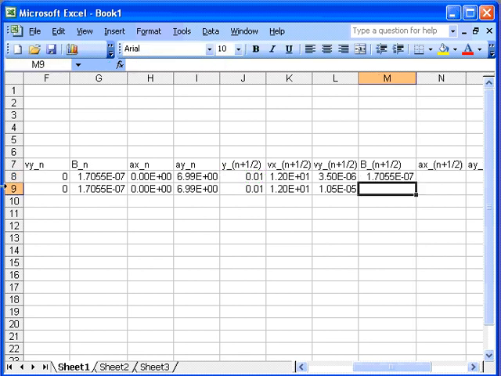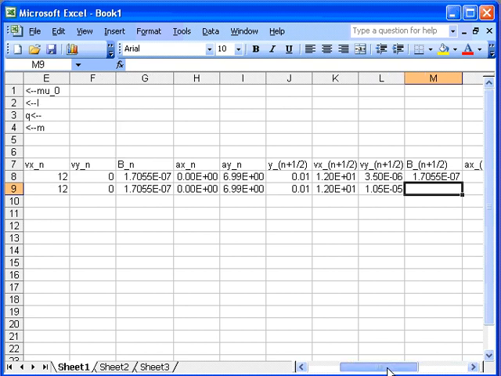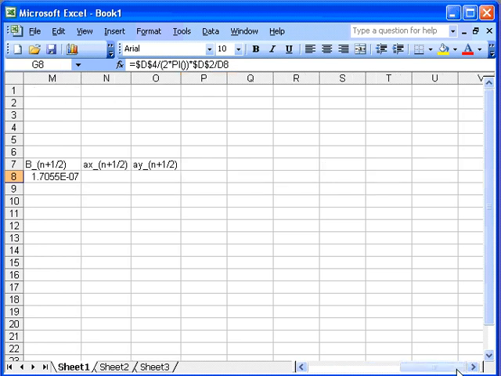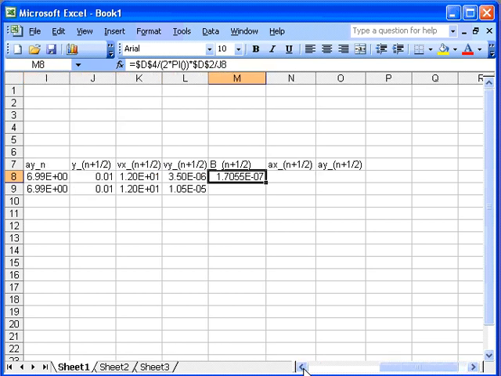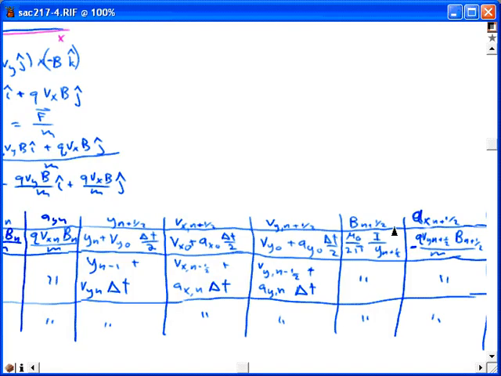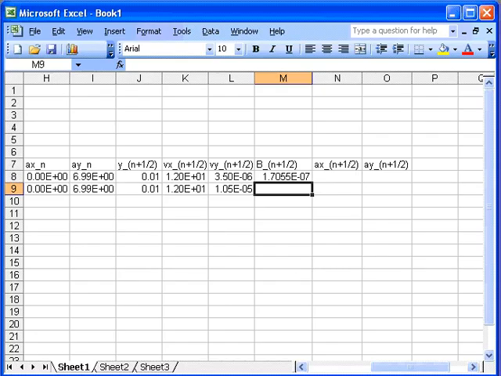Just happened to be the same distance over as the previous case. I was using D8, that's 1, 2, 3 over from it. This one's using J8, which happens to be 1, 2, 3 over from it. Okay. And then for B, it just got copied down.